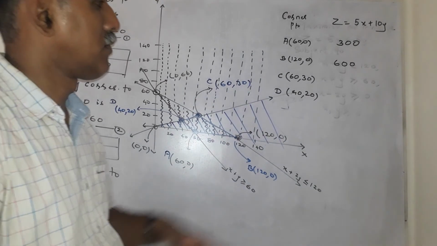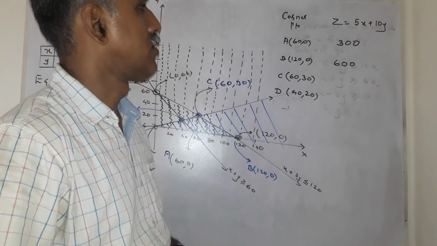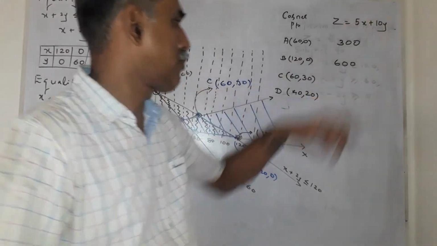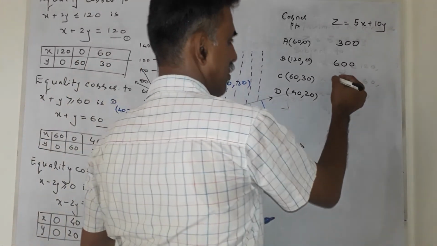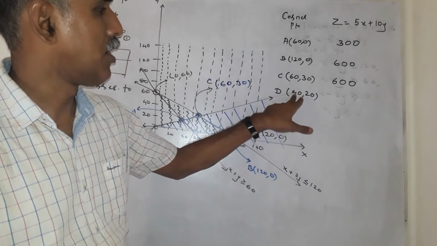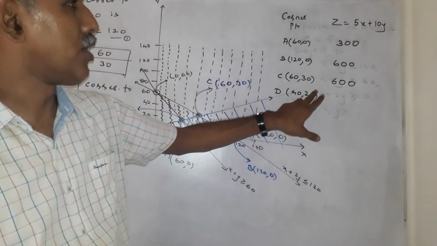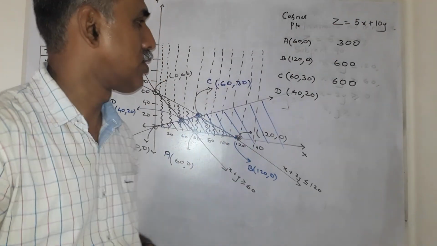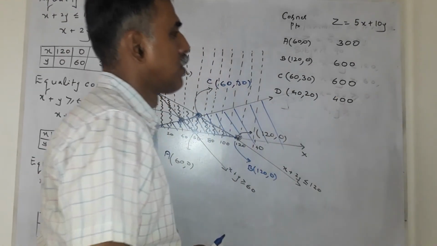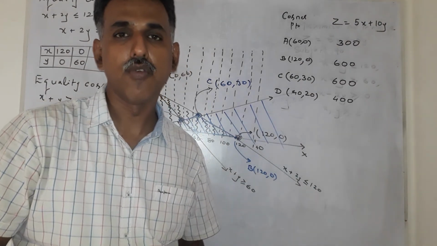At C, 60, 30, x is 60, 60 into 5 is 300, y is 30, 30 into 10 is 300, 300 plus 300 is 600. At D, the x coordinate is 40, 40 into 5 is 200, 20 into 10 is 200, 200 plus 200 is 400.